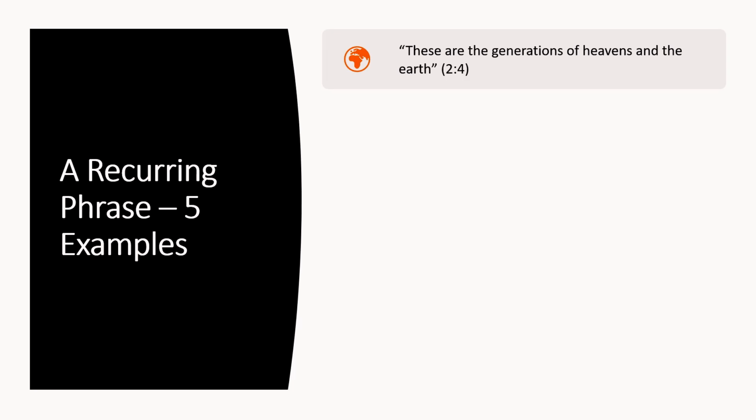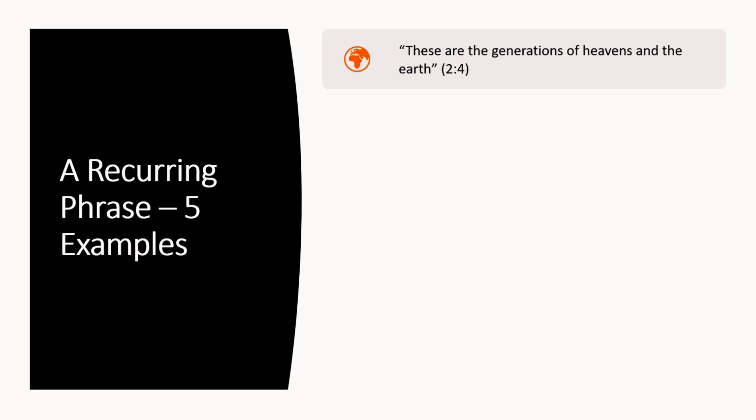Some translations of the Bible might say these are the descendants, some say these are the story of. There's lots of different ways in which this can be translated, but we're going to stick with just the same formula for now.